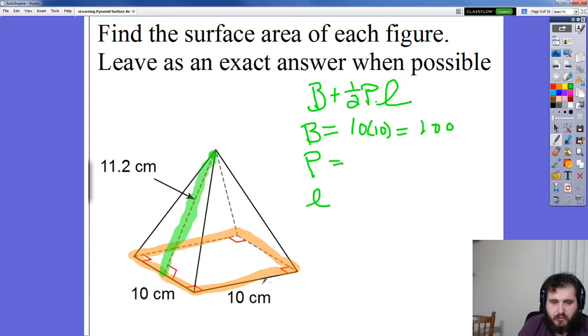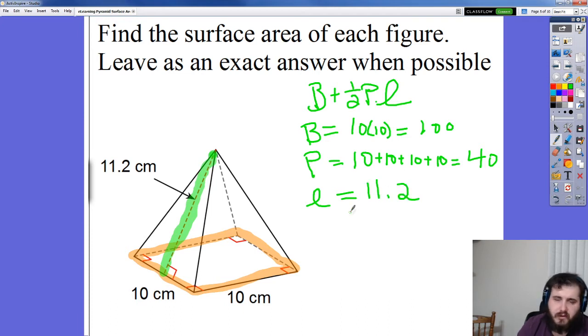Perimeter, well, let's add around: 10, 20, 30, 40. 10 plus 10 plus 10 plus 10. And then the slant height, they give it to you directly. You see the arrow pointing right here. That's how we know: 11.2.